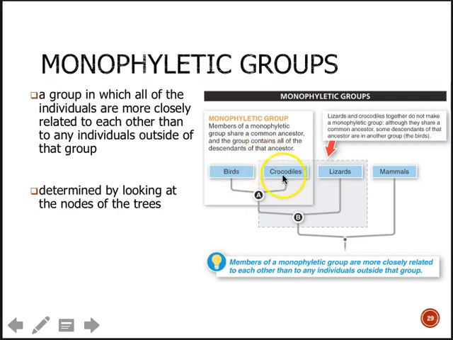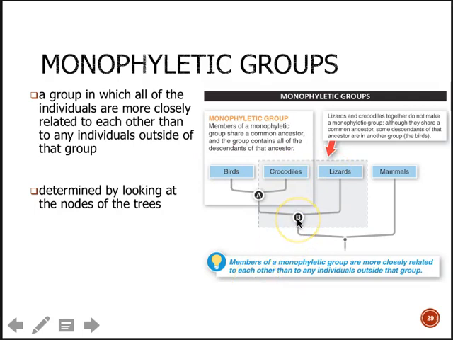They are a group that share a common ancestor, and this ancestor includes all of the descendants. We would call these 2 things a monophyletic group. That's a little strange because we're used to lumping crocodiles with lizards, but that's not what this phylogeny is saying.